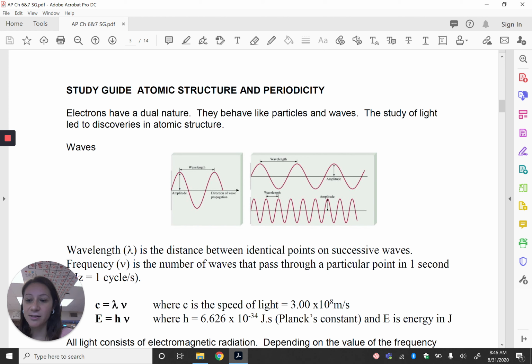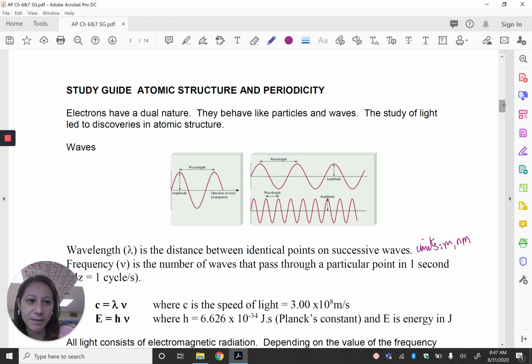Since it's a length, it's measured in units of length, so you probably want to use units of meters or nanometers or any really unit of length. Typically we use meters since that's the base, or nanometers because they're so small, because light waves are very small.